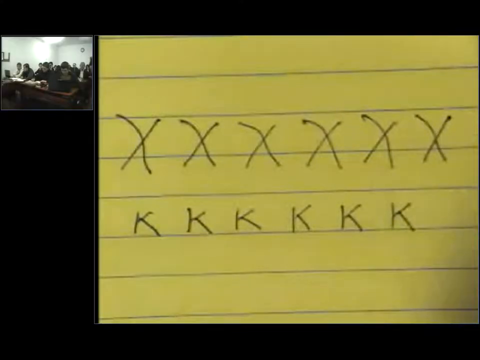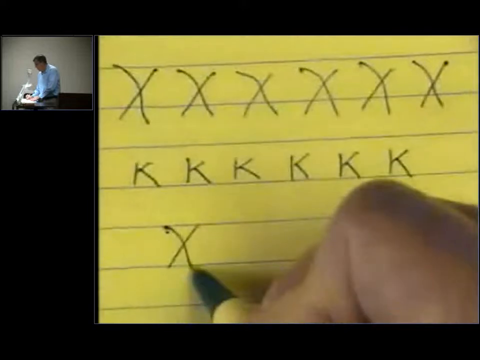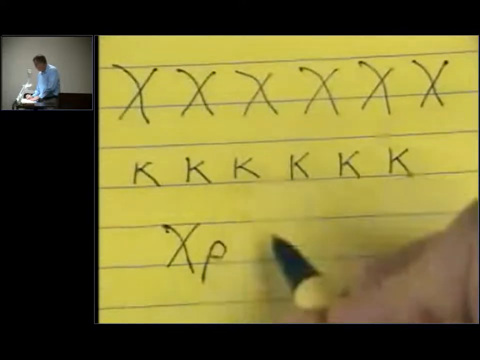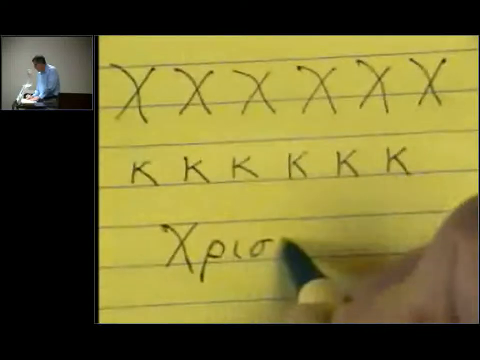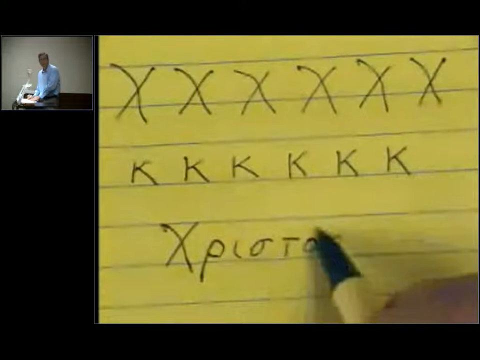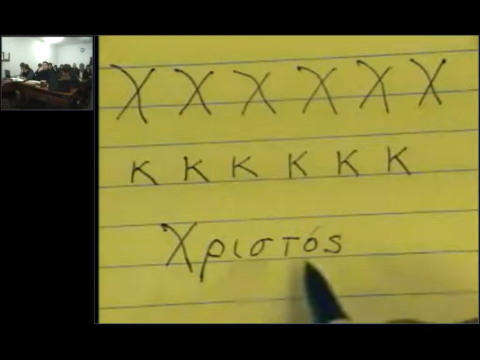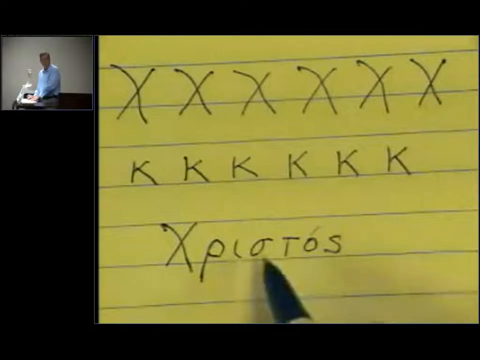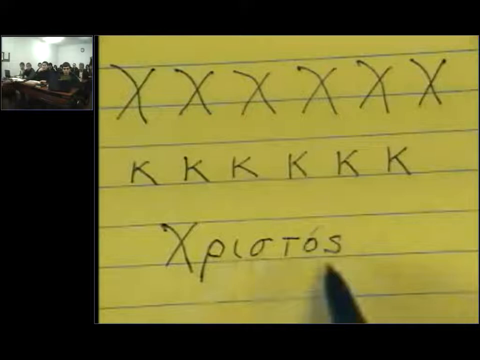All right, so now if we write this letter, Christos. And notice the sigma here in the middle and a sigma at the end.